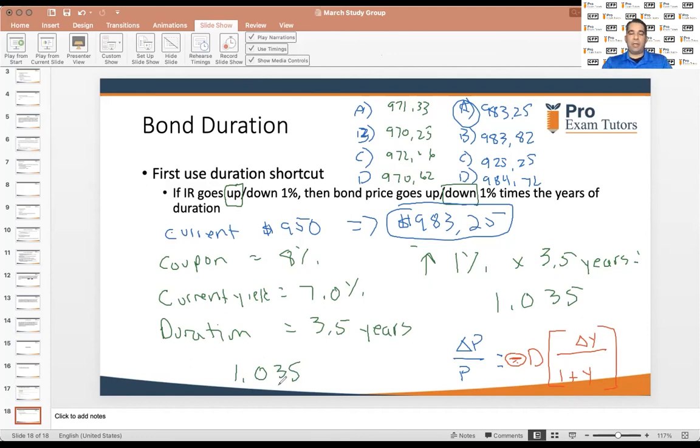But if you want a shortcut, you just take 950 times 1.035, and it gives you 983.25. Does that make sense? Yes, thank you.